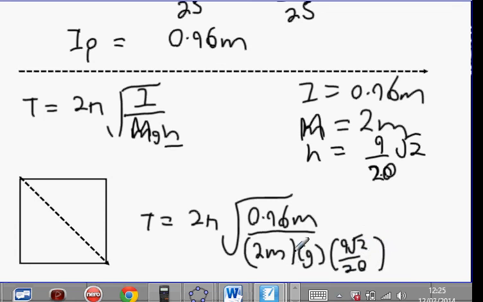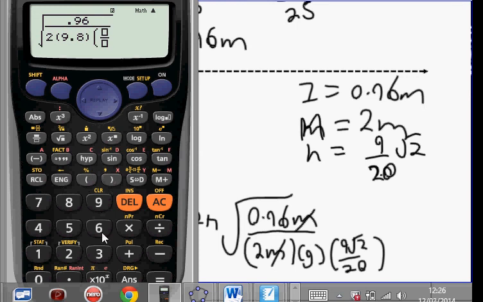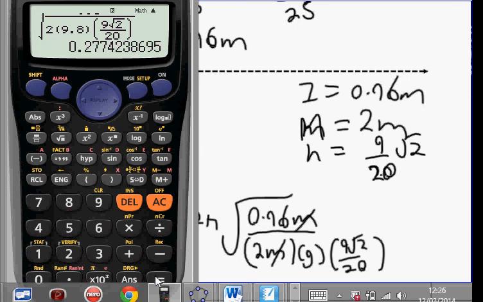Now you can put all of this into the calculator if you want. Cancel off the m's, and what we can do is put it all in. So we can say square root bracket 0.96 divided by 2 multiplied by 9.8, which is what g is, multiplied by bracket 9 root 2 divided by 20, close it over, and you can see here it is going to be 0.27.